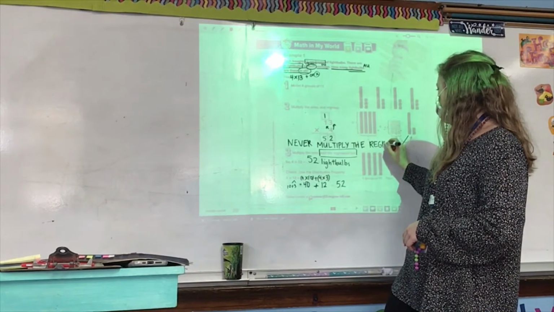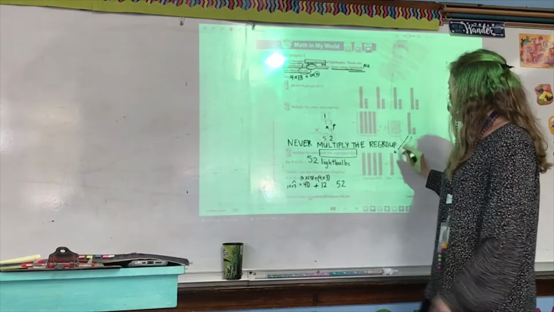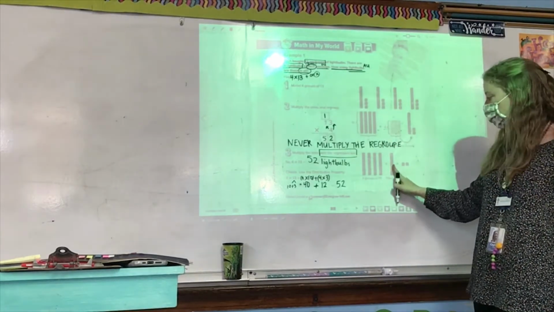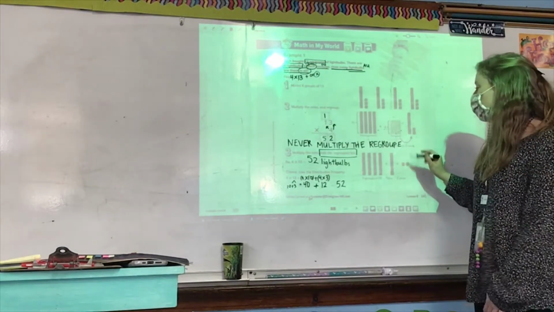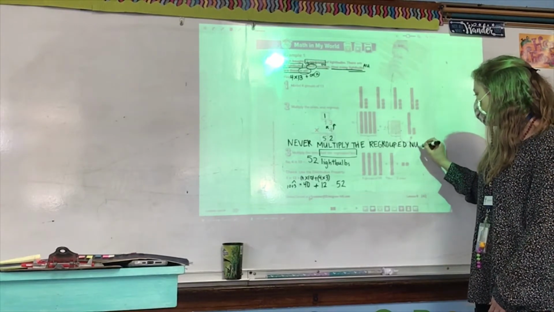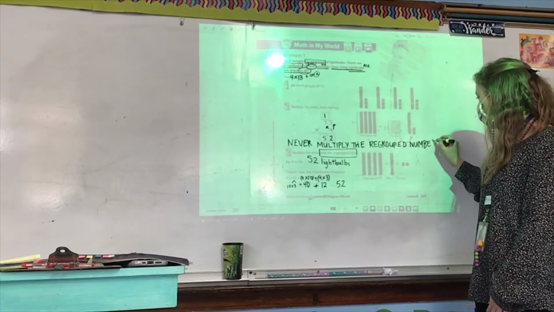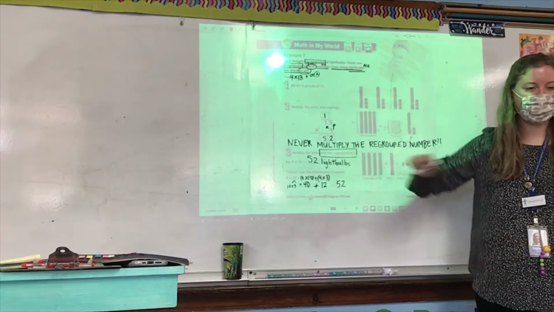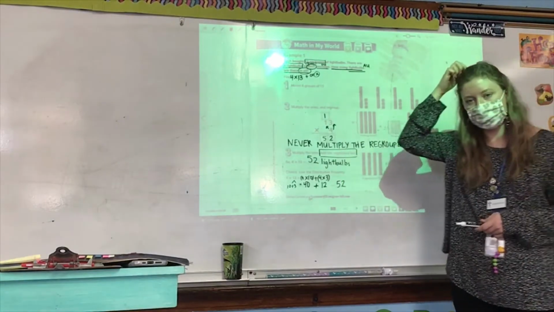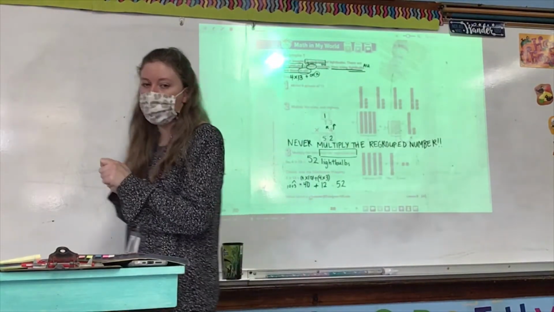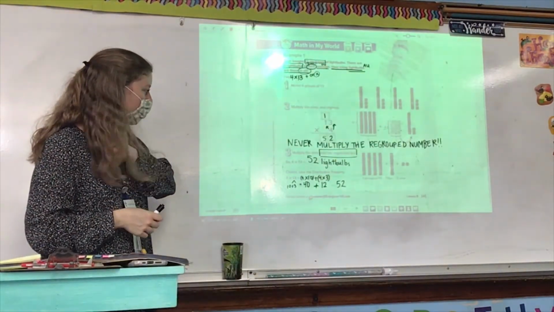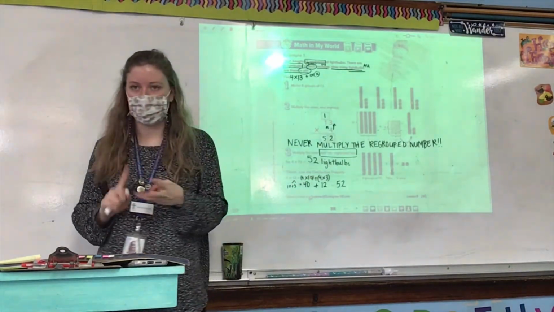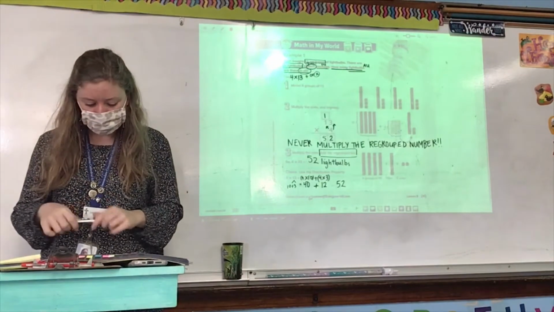Try not to go over top of anything, and don't go over your arrow that points from this 10 to this 10 rod, okay? Exclamation point, exclamation point. Add the regrouped number. Make sure that's in a box. Never, ever multiply the regrouped number. Only add the regrouped number, whether it is a 10, 100, 1,000, 10,000, whatever.